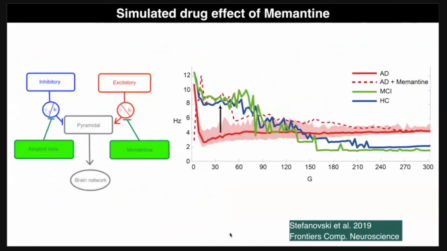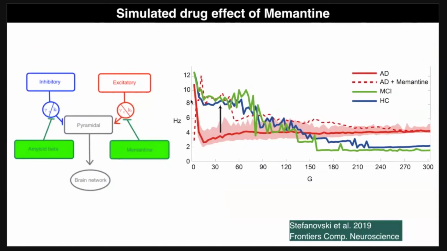It's also possible to simulate drug effects on the computer with this approach. So here we simulate the effect of memantine, which is an NMDA antagonist that is used in dementia, also in Alzheimer's disease. And we simulate the effect by blocking the NMDAergic transmission from the excitatory interneurons to the pyramidal cells. And as you can see in the right plot, the y-axis are the frequencies.